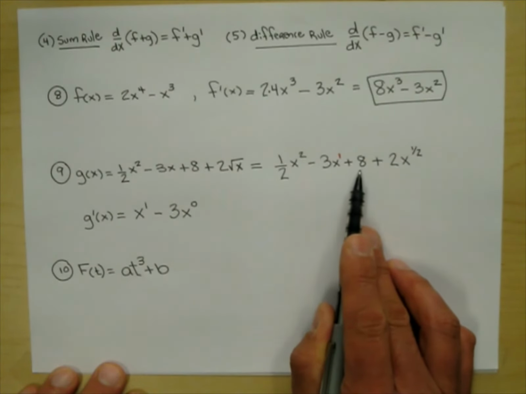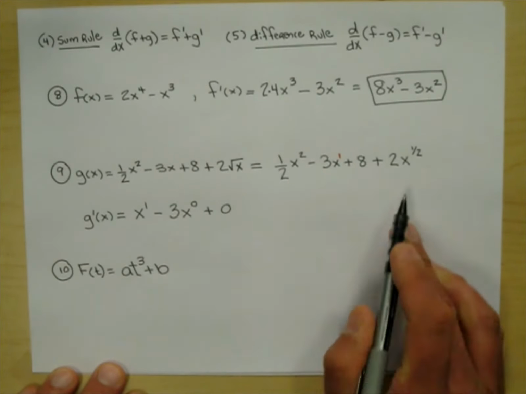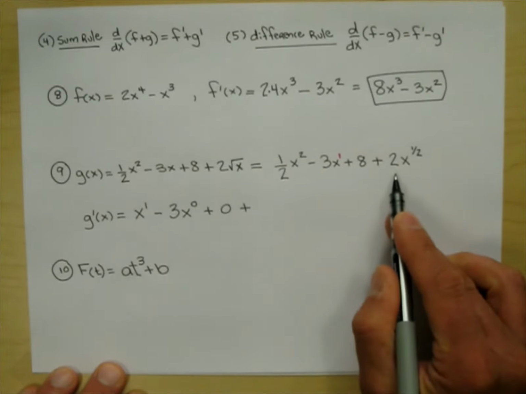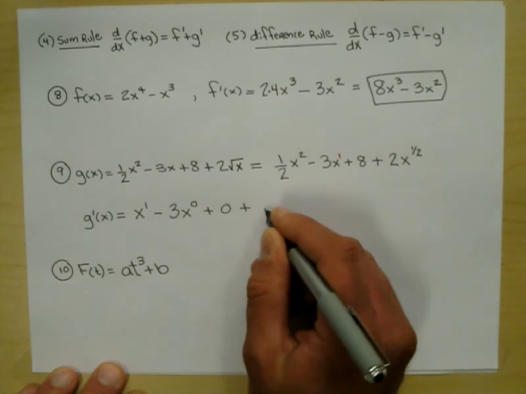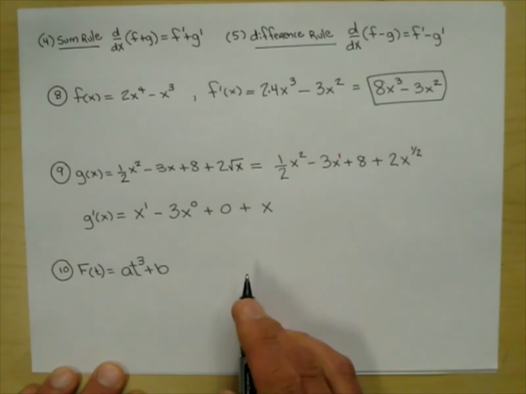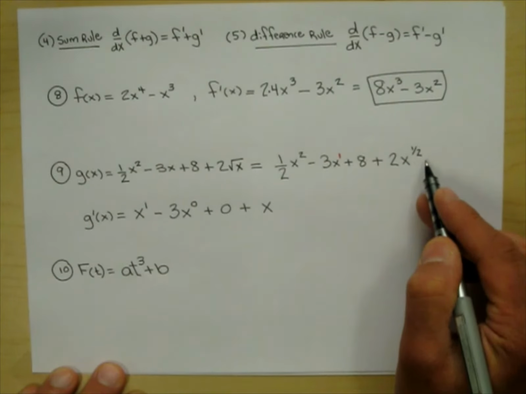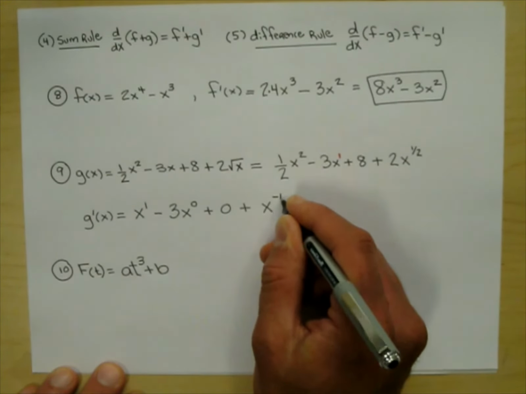What's the derivative of this constant 8? Well, it's 0. And the derivative of 2x to the 1/2 power? Well, the 1/2 is going to jump in front, going to multiply by that 2, so you're going to have just 2 times 1/2, which is 1. And then this is going to be 1/2 minus 1, and 1/2 minus 1 is negative 1/2.